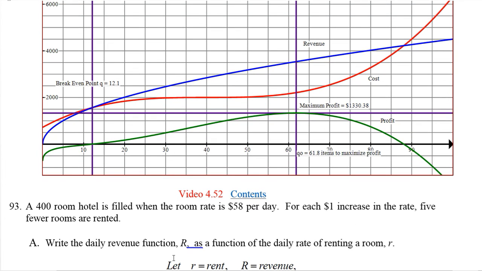So the first question is, write the daily revenue function R as a function of the daily rate of renting a room, lowercase r. So capital R is revenue, lowercase r is rent. In general, in mathematics, a lowercase letter and an uppercase letter are two different variables. So be sure when you're writing mathematics that you're careful to use the right case.